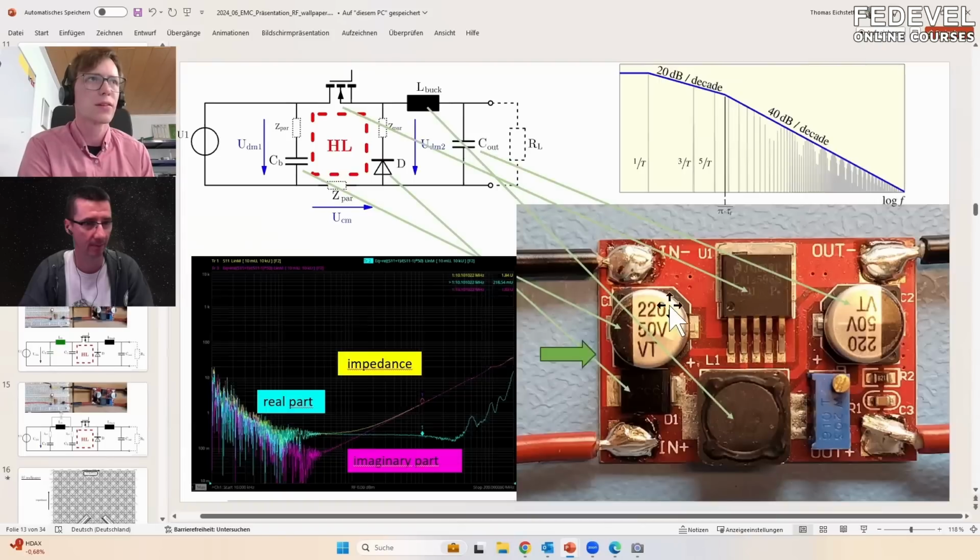Yes. So our device under test looks like this here. It is a very simple buck converter. You can see the circuitry on the left side here. We have this big coil, which is the black one. We have the output capacitor, we have an input capacitor, and the black one here, this is the diode.